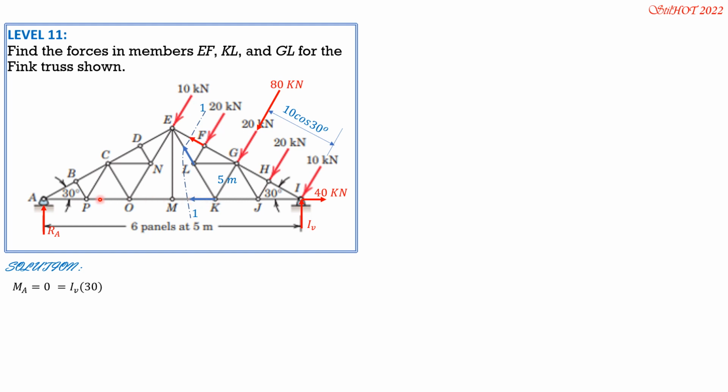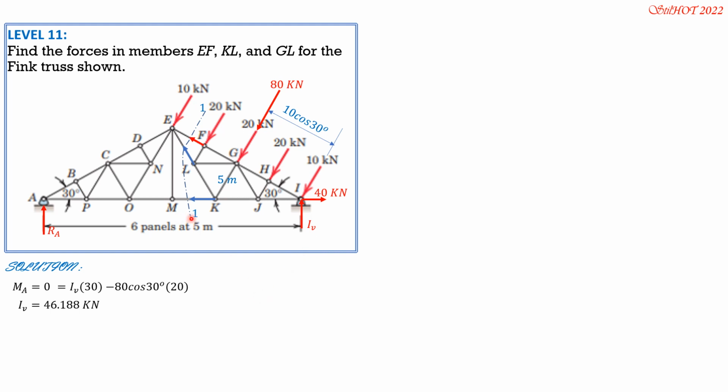The horizontal component passes through A, so it is only the vertical component that has moment. So minus 80 cosine 30 times 5, 10, 15, 20. So 80 cosine 30 times 20. From there we can solve IV equals 46.188 kilonewtons.